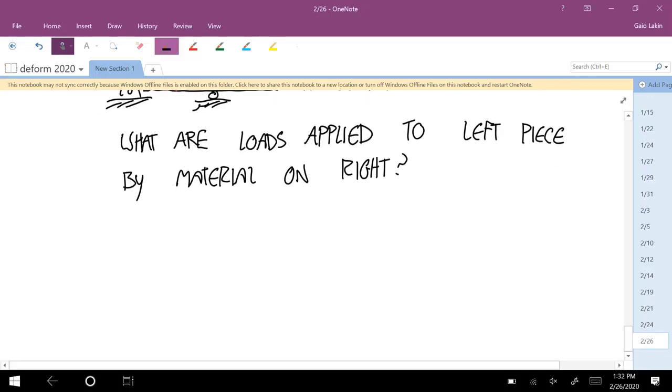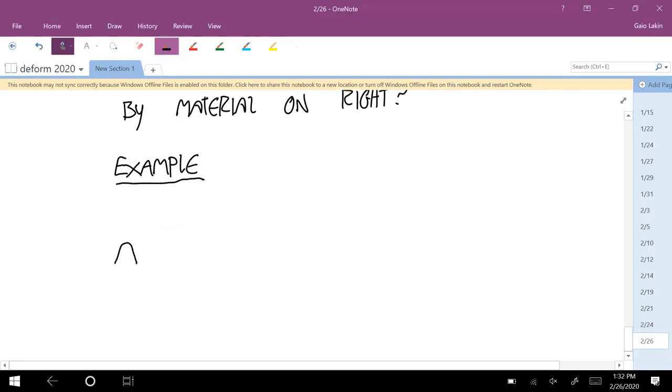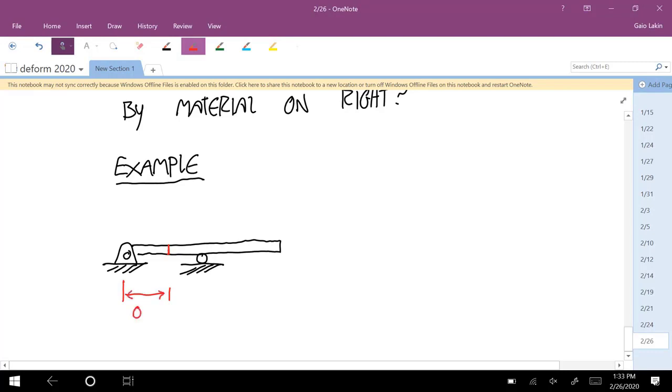Okay, so let's say we have, so I'll do that same thing. I'll just give some dimensions. So let's say we have a roller at the midpoint. The line where we want to calculate the internal loads is here. Let's say that's 0.25 meters.